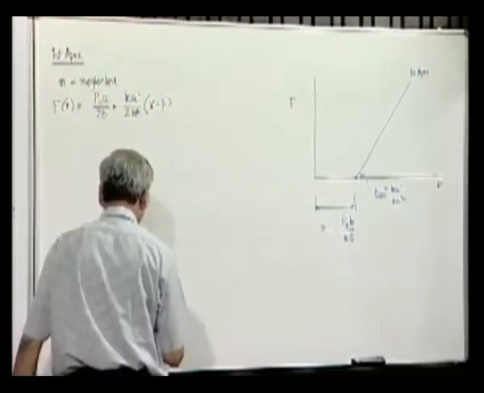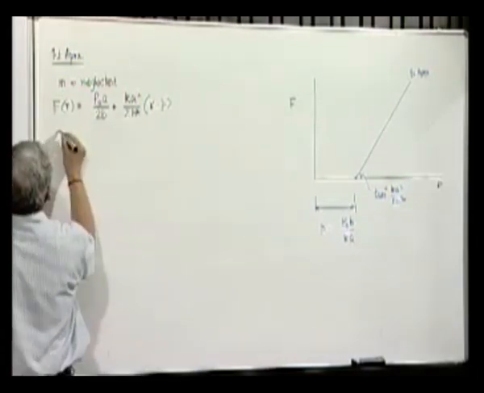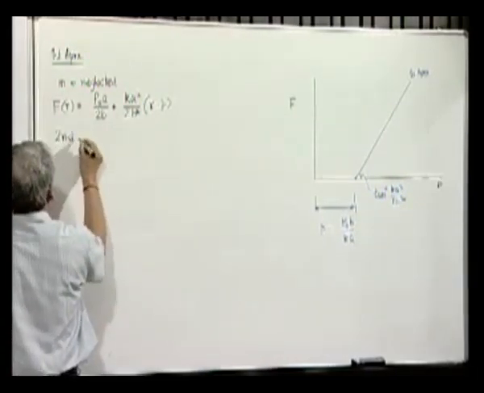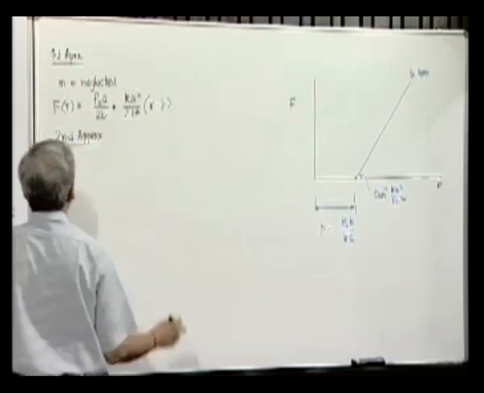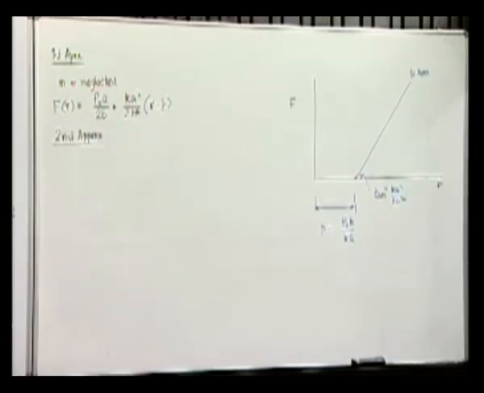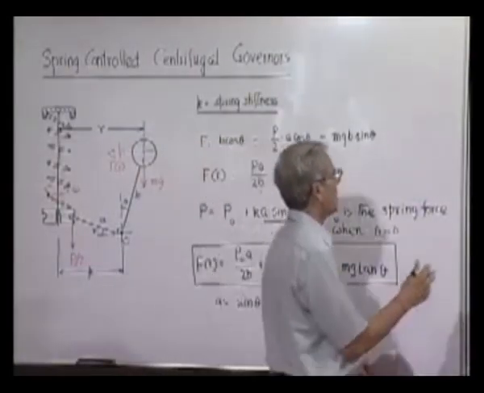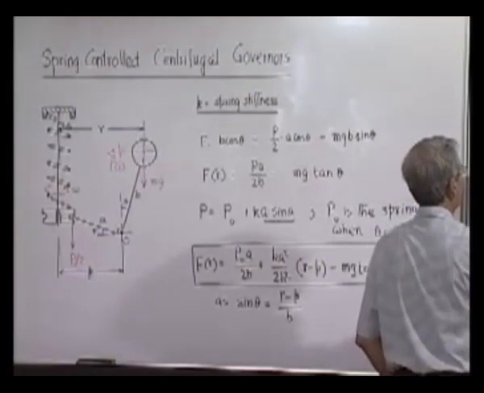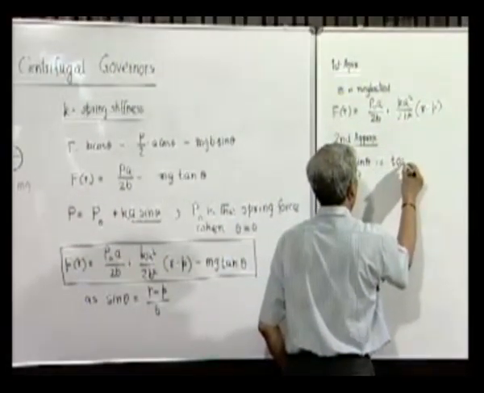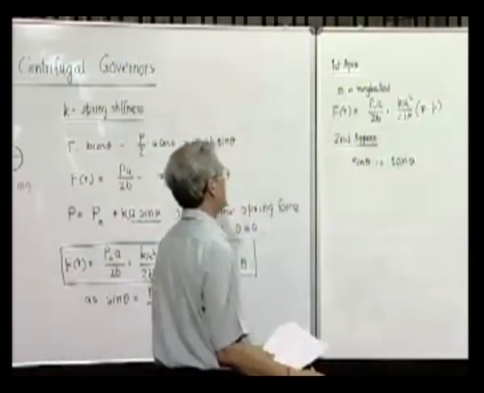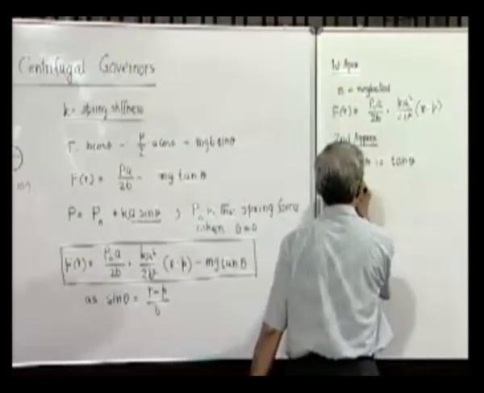Next, if we want to improve our situation, suppose we want to make not that drastic an assumption. Second approximation, what we will do, we will treat tan theta as approximately equal to sin theta, which is possible in case of theta's value being small.